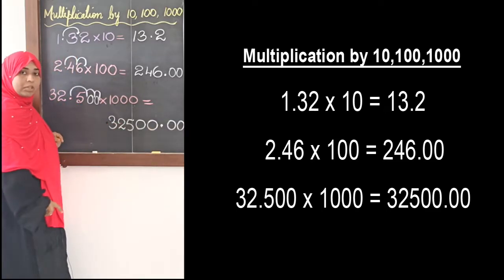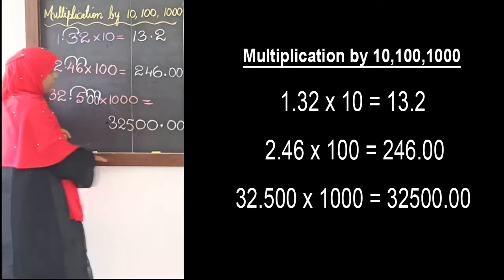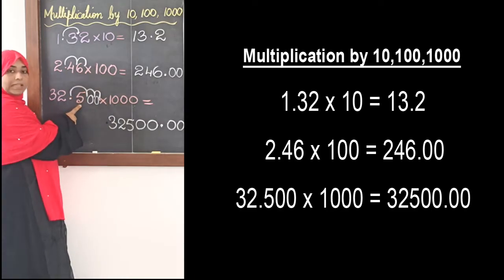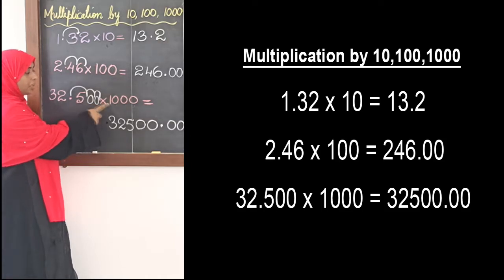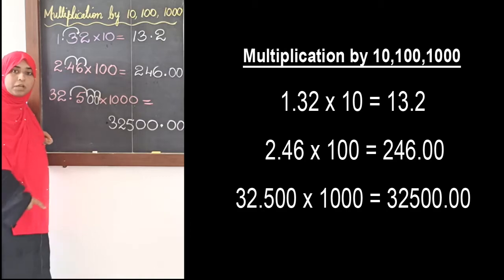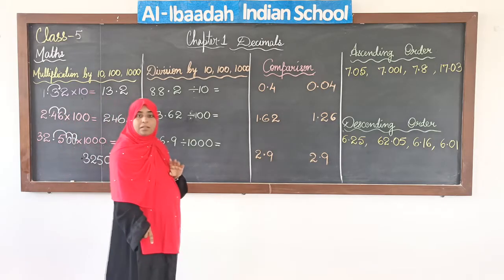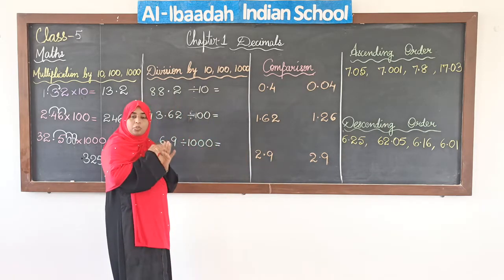So, the number that I have got after multiplying is 32,500. So, I have shifted the point 3 places to the right. I had just one decimal place, one fractional part. I had to shift 3 places. So, 1, 2, 3. Here there were no digits, so I have added zeros in those places. And the number that I got is 32,500. This is how we do multiplication with 10, 100 and 1000. Now, when we do division, I hope you have understood how to shift the points.